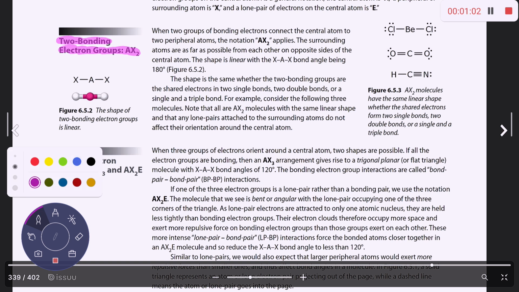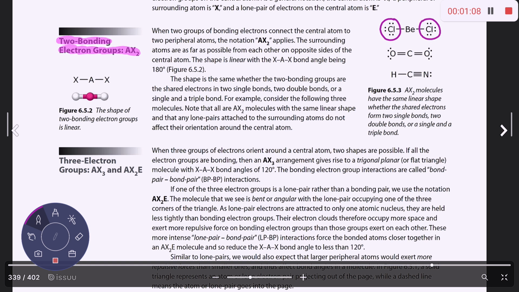So here in this example, I've got BeCl2, I've got two bonded groups, and we're going to be using the letters A and X to represent central atoms and atoms that are bonded to the central atom. So I'm going to put an A on the beryllium to represent my central atom. And then since I have two bonded groups, these are going to be my X's. Okay, so the designation here is AX2.